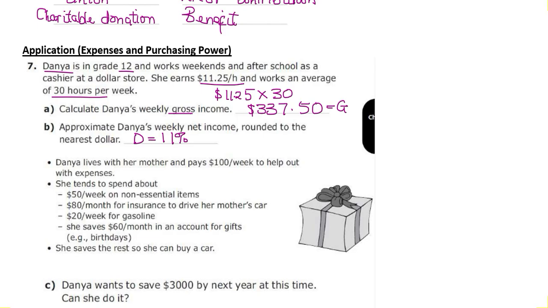If I multiply my gross income, $337.50, by 11%, or 0.11 as a decimal, this gives us the deduction amount in dollars that is taken away from the gross income. The amount taken away is around $37.07.